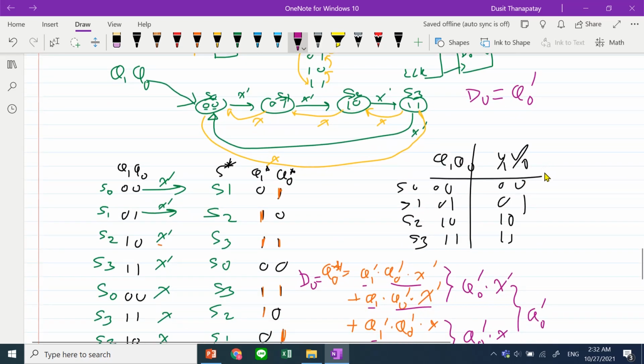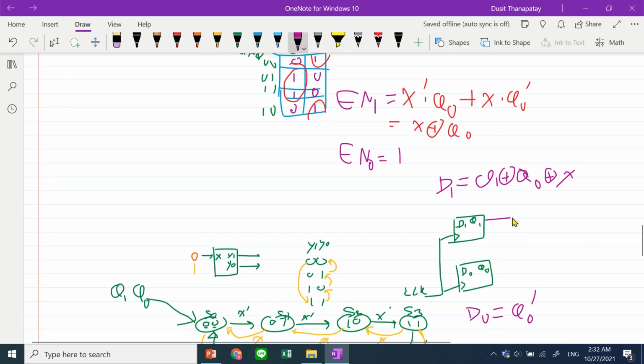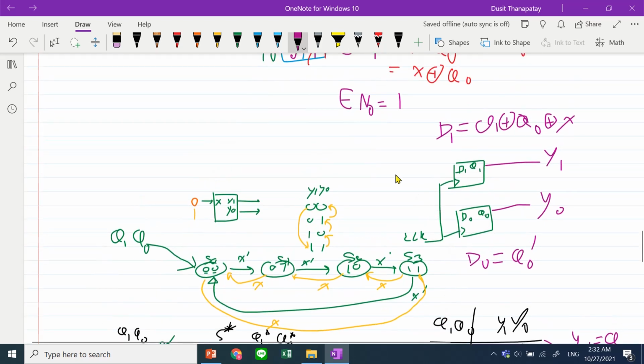From this state assignment, you know that y1 equal to q1, y0 equal to q0 as the output equation. So your output is y1, y0, and for circuit F the D1 excitation equation is this one, XOR together.